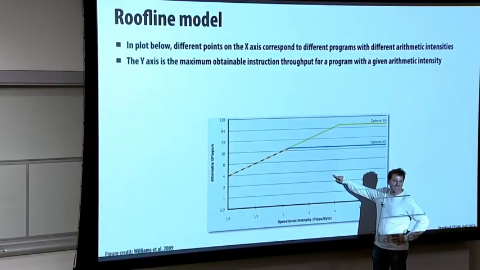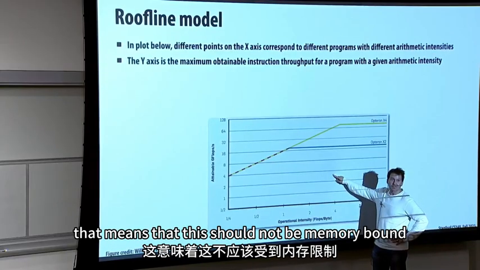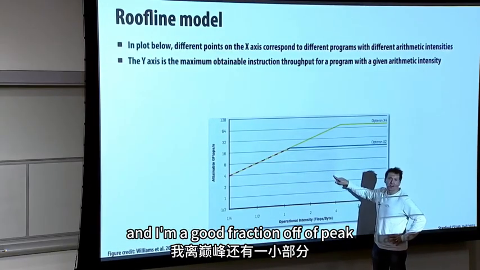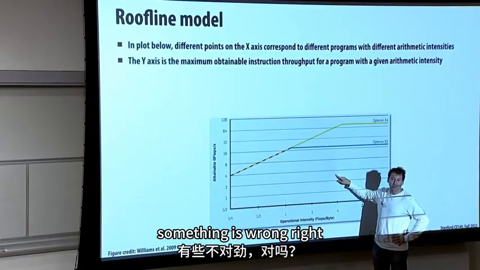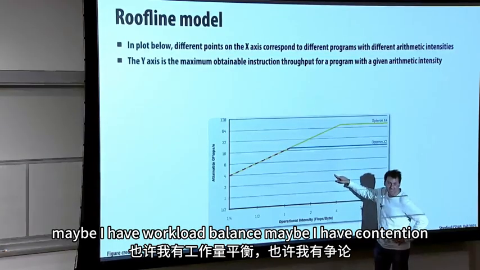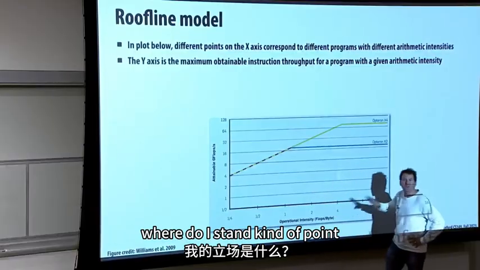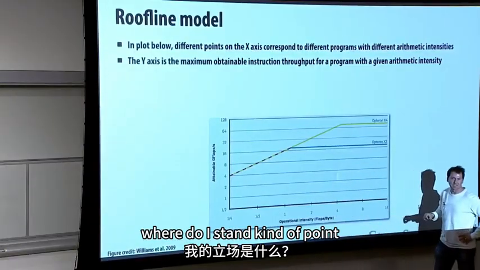What does that mean? You're not going as fast as you can. That means that this should not be memory bound, and I'm a good fraction off of peak. Something is wrong, right? Maybe I have workload imbalance. Maybe I have contention. Maybe I have something. So this graph gives you this where-do-I-stand kind of point.